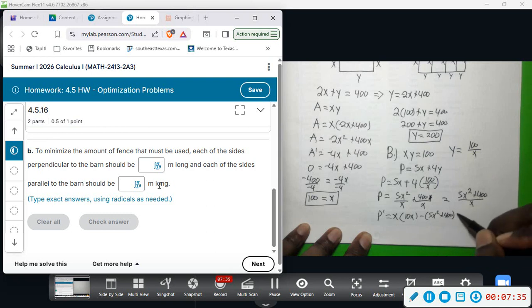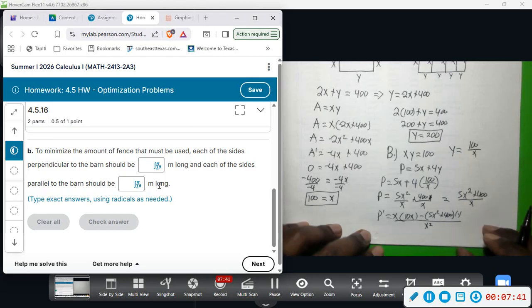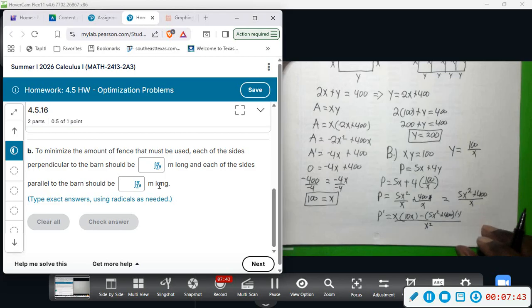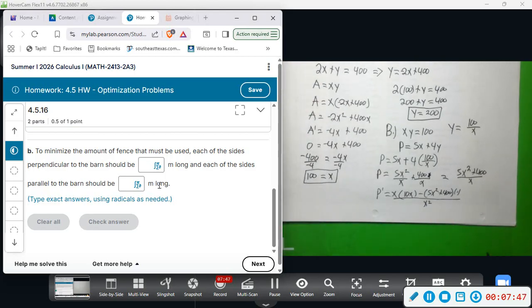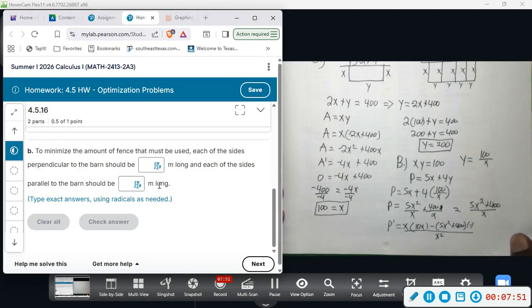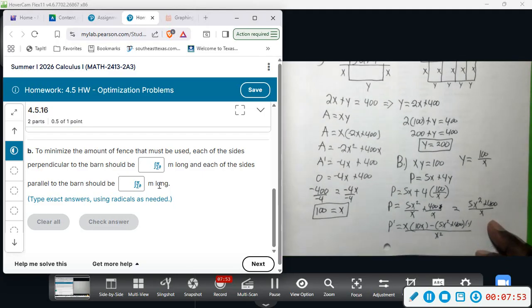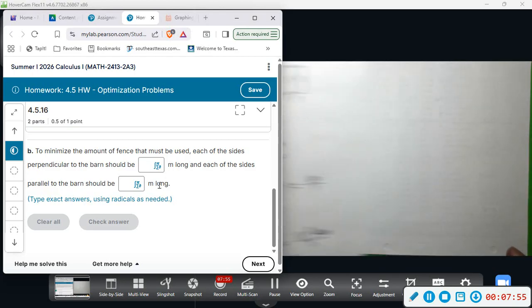Derivative of x is 1. All over low squared. And we're going to set this equal to 0. I'm running out of room on this page. I'm going to have to flip to another page to set this equal to 0 and solve for x.